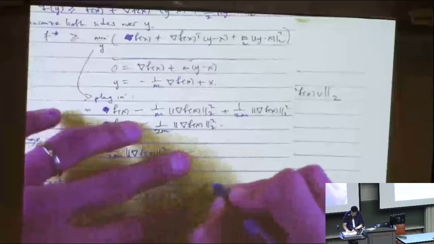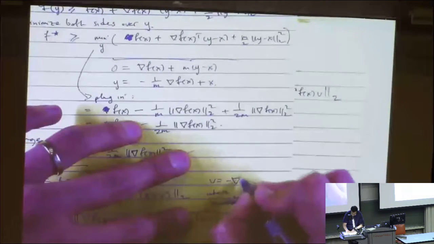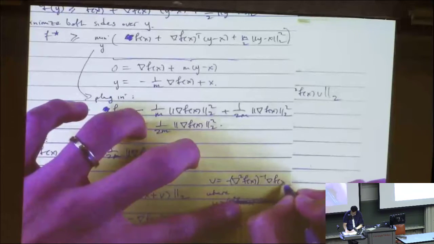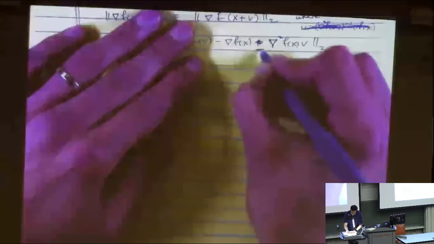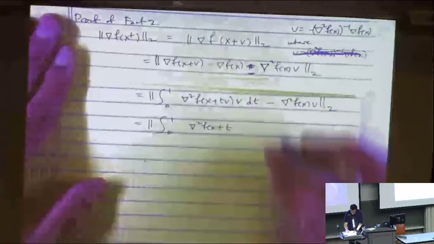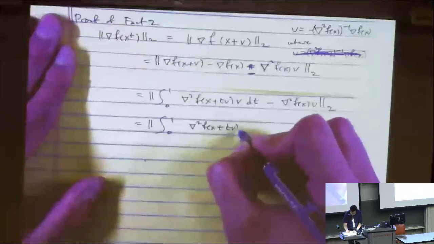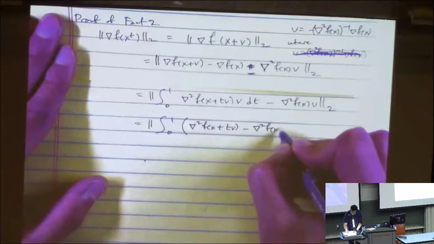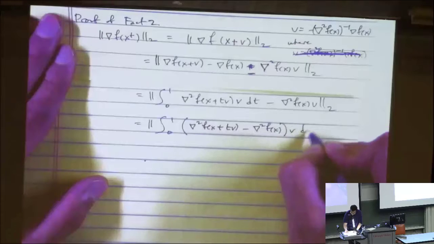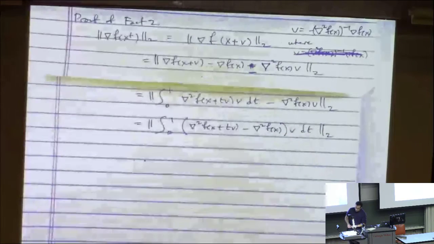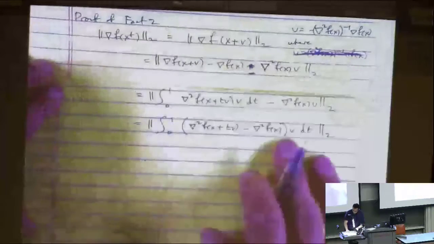Let's just make that clear. v is the negative Hessian inverse the gradient. So this should have actually been a minus. Okay, I'm just rearranging the terms to have something multiplied by v.